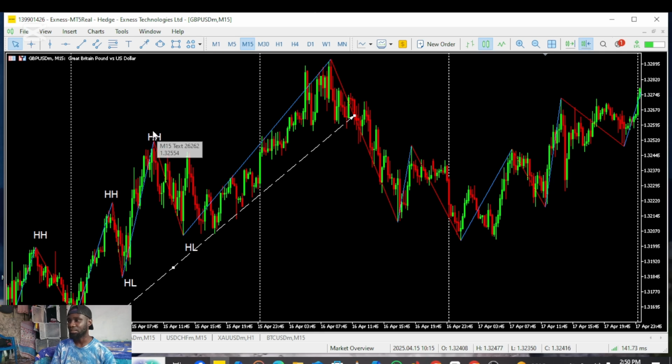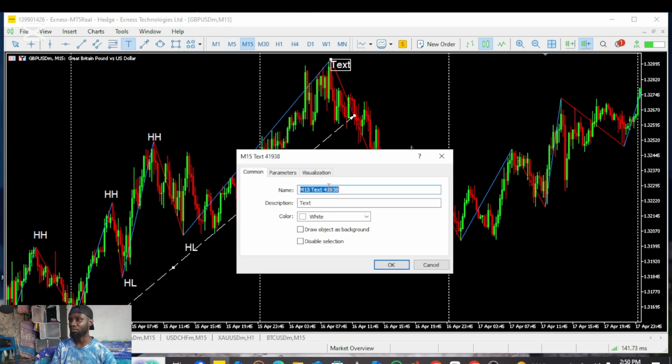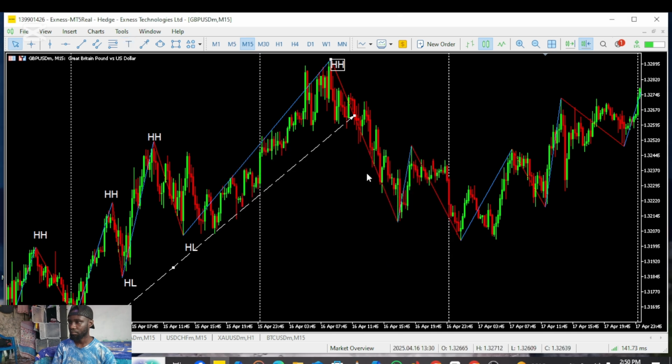This resistance was broken by this resistance, so it creates new higher high over here. And pulls back straight to here.